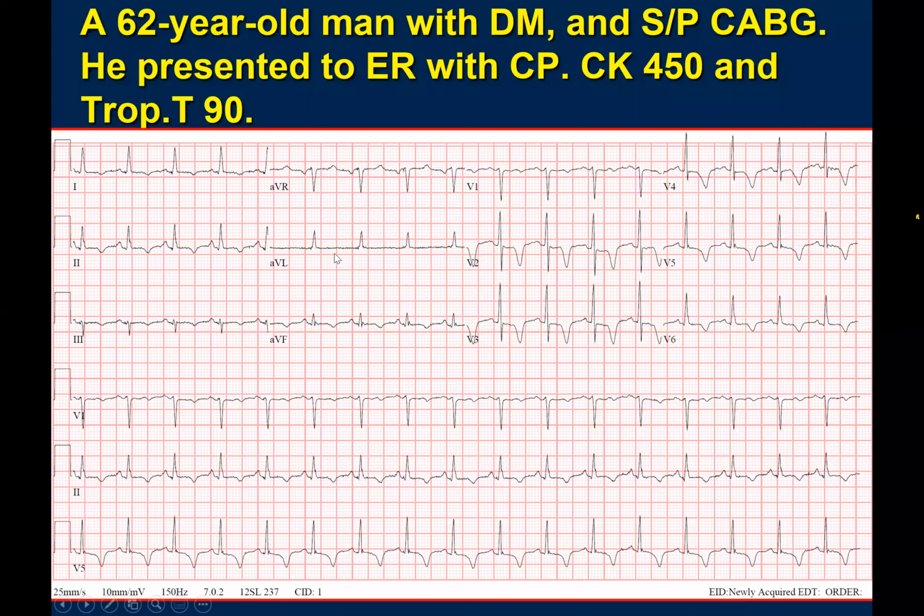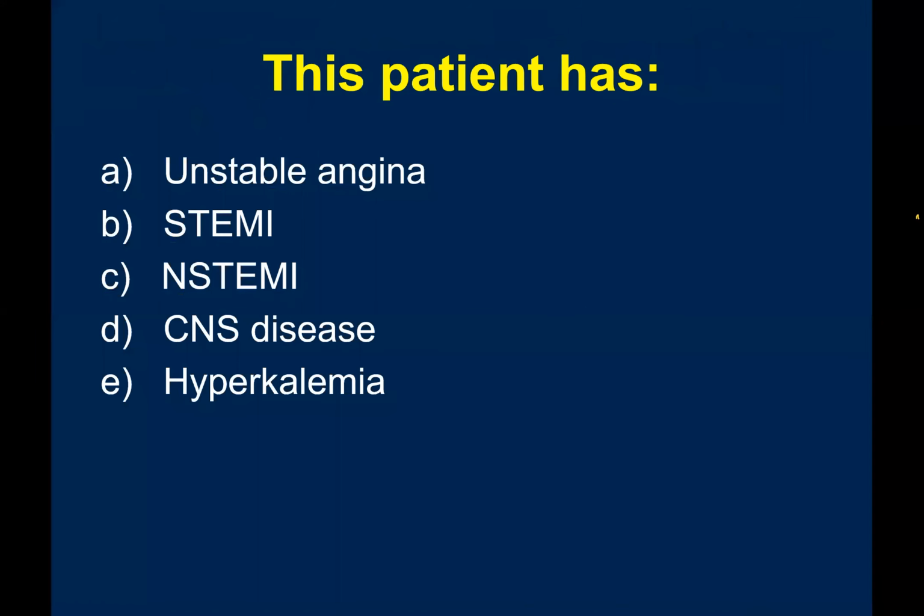If it is negative, you are dealing with unstable angina. Generally, management is the same for unstable angina and non-ST segment elevation MI. Initially, you start antiplatelets, you start heparin, you rate control them, and then decide for early invasive or late invasive based on the patient condition. So basically, this is non-ST segment elevation myocardial infarction.